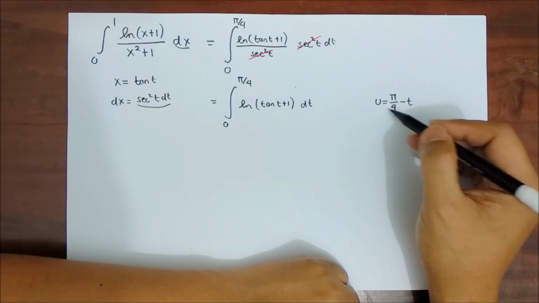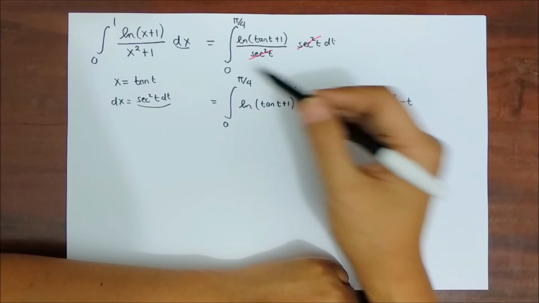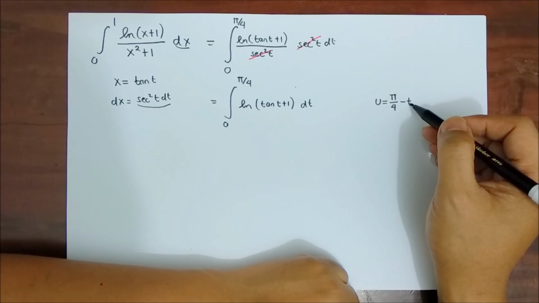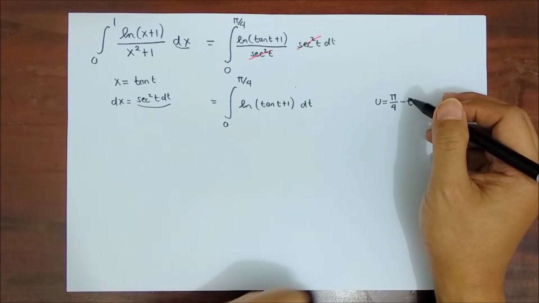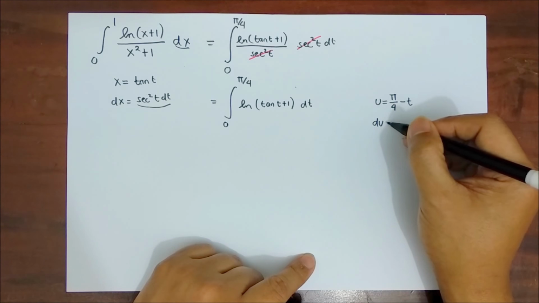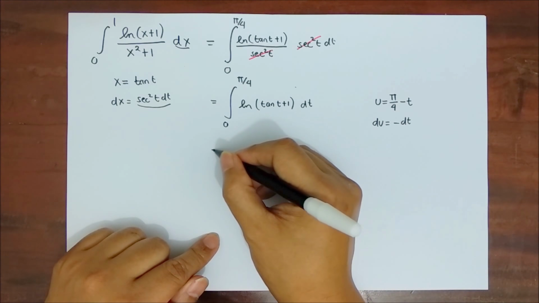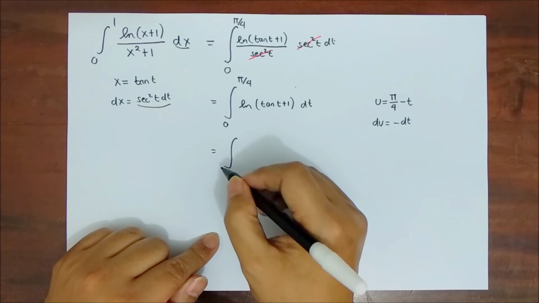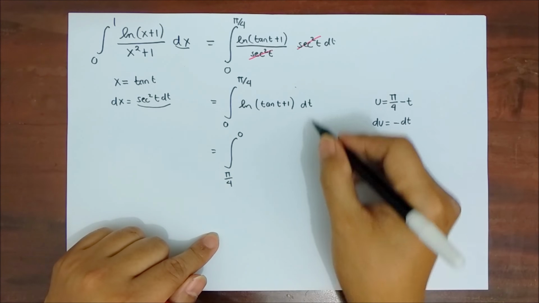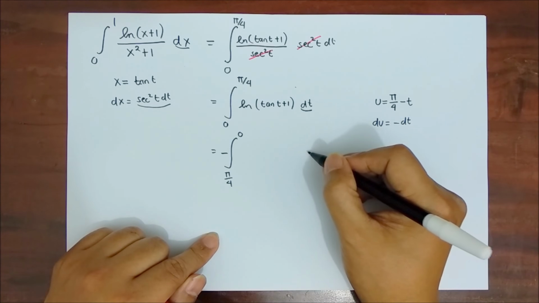With this substitution, when t is 0, u equals pi over 4, and when t is pi over 4, u is equal to 0. We also have du equal to minus dt. This substitution gives us the bounds pi over 4 down to 0, and dt can be replaced by minus du.